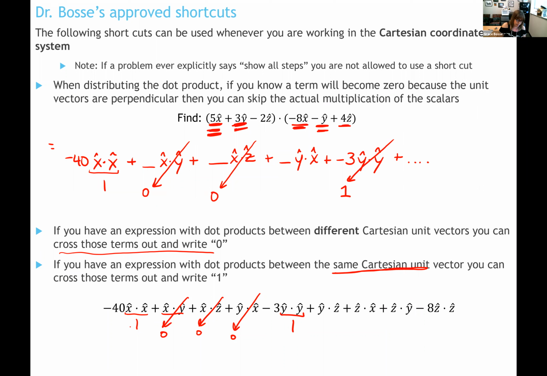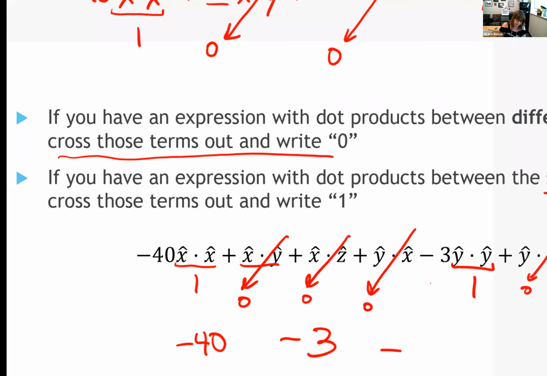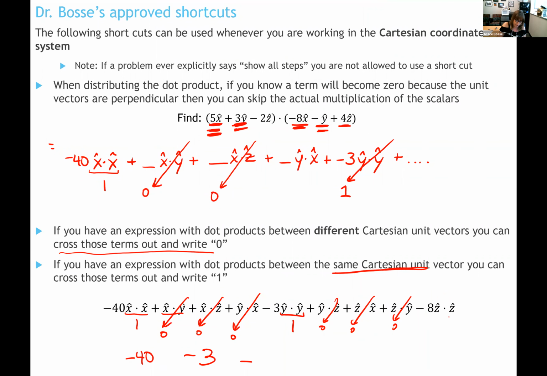So when you're simplifying these things, don't forget this negative 40. It'll be negative 40 times the number 1 plus 0 plus 0 plus 0 minus 3 times the number 1. These next 3 terms go to 0. And then the last one I have negative 8. Z times Z is the number 1. So then I just get minus 8.